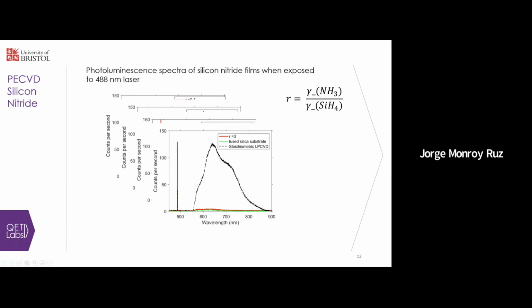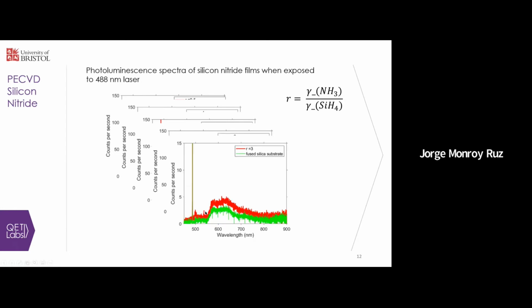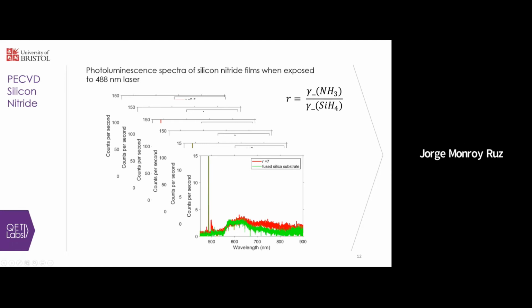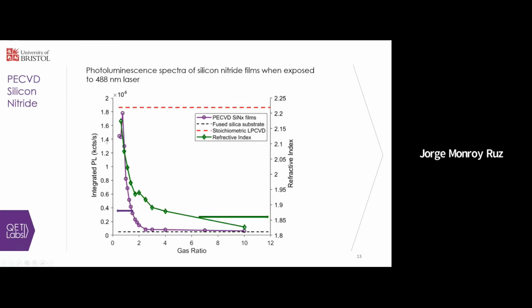This is the same spectrum, and this is R equals 7, which is pretty similar to R equals 3. This is a summary of that. If you look at the purple curve, you can see the integrated spectrum of the autofluorescence of the silicon nitride.